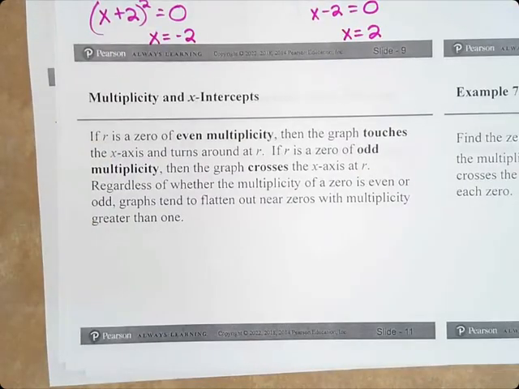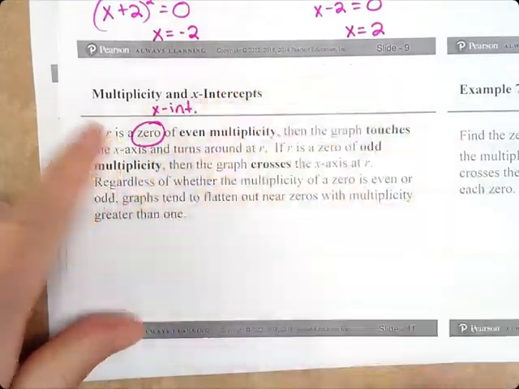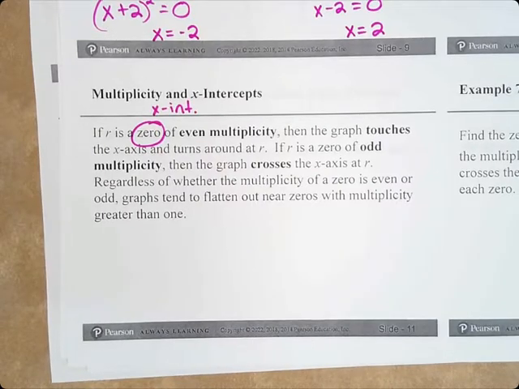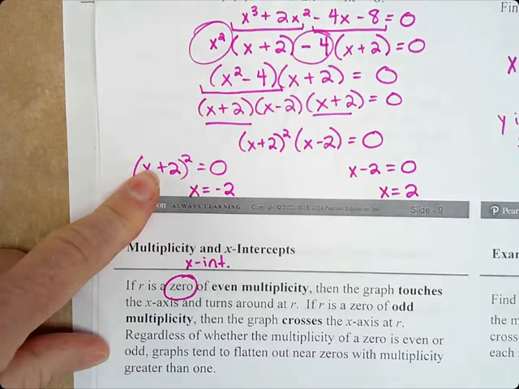Okay, multiplicity. So this is what I was talking about. If r is a zero, remember zero means our x-intercept. If r is an x-intercept of even multiplicity, then the graph touches the x-axis and turns around at r. So multiplicity is how many times that is a solution or an x-intercept.